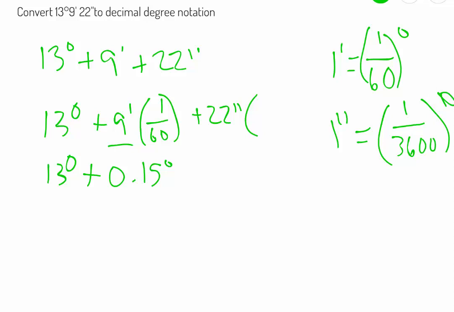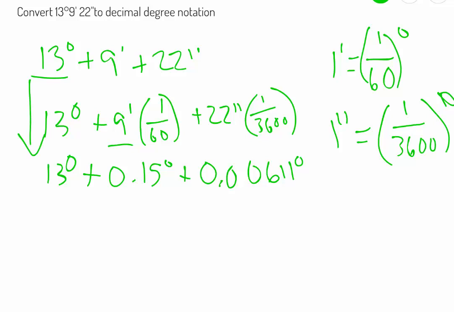So we multiply 22 seconds by 1 over 3,600, which is the same thing as 22 divided by 3,600. That leaves us with 0.00611 degrees. So the 13 degrees just continue to drop down, 9 minutes ended up being 0.15 degrees, and 22 seconds end up being 0.00611 degrees.